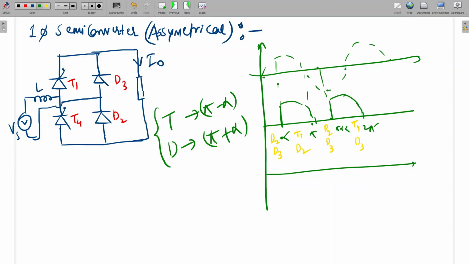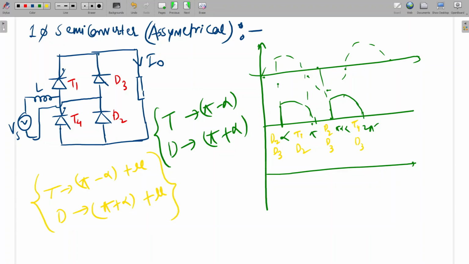Is it clear? Yes, sir. With overlapping, we just have to add mu. If the overlapping effect is there, T will be pi minus alpha plus mu, and D will be pi plus alpha plus mu.